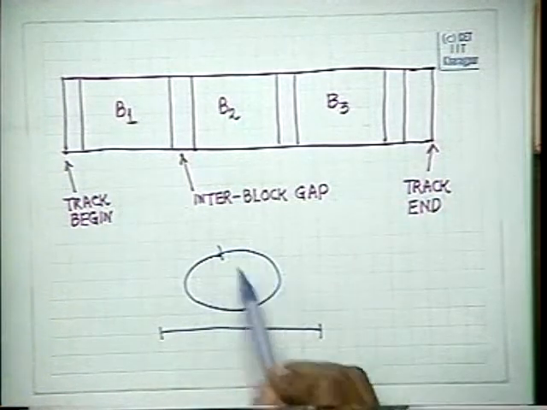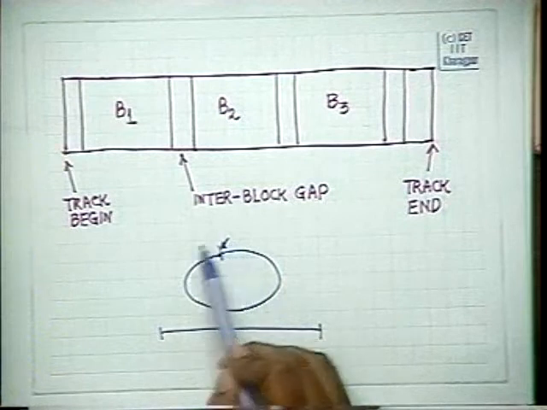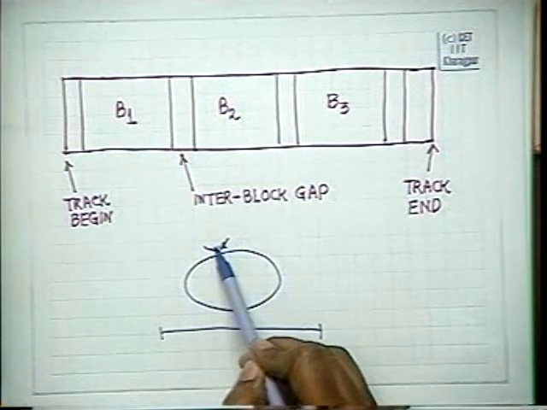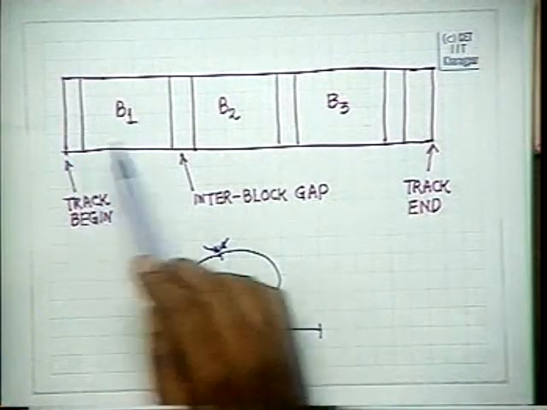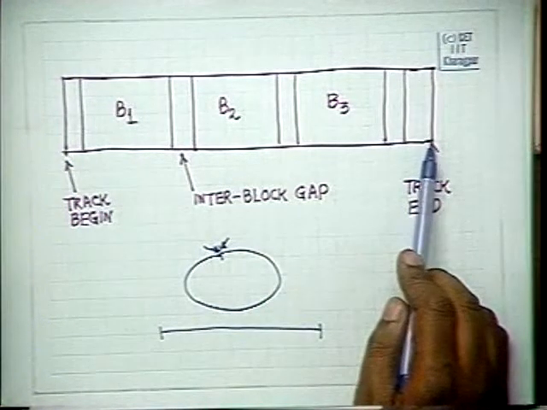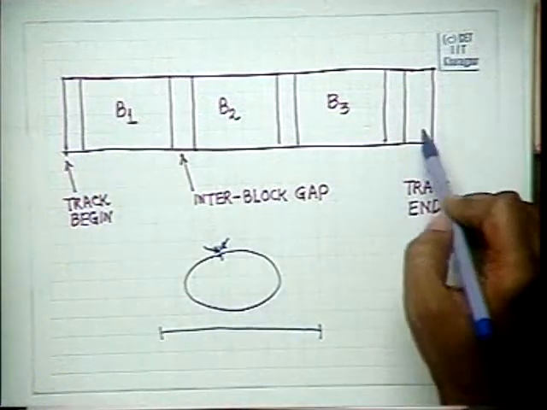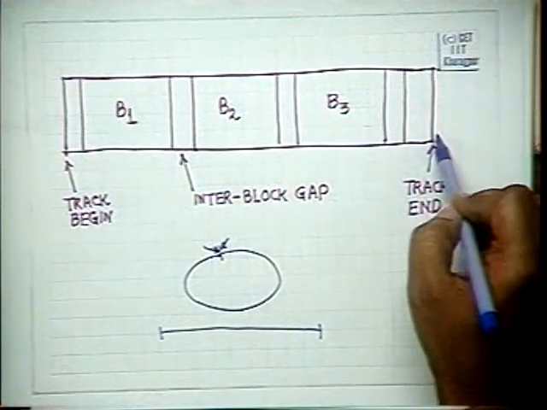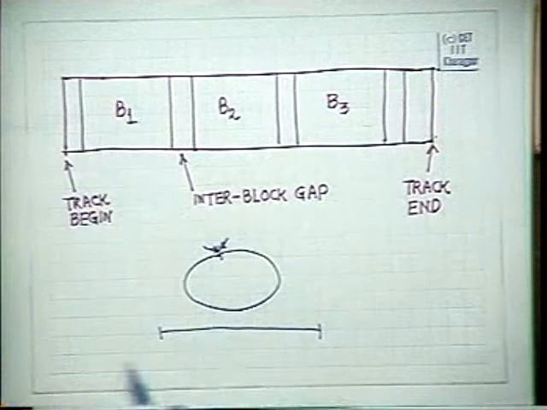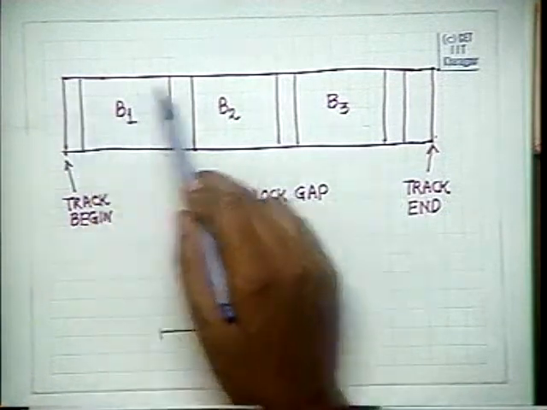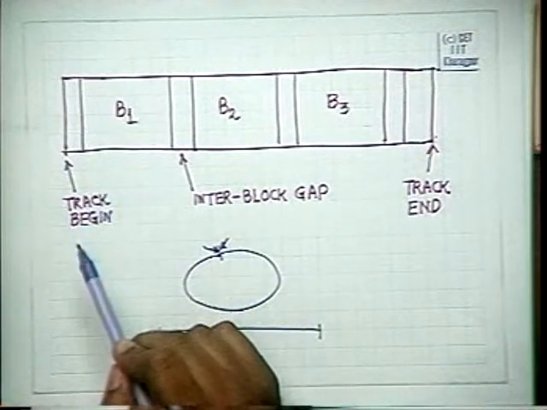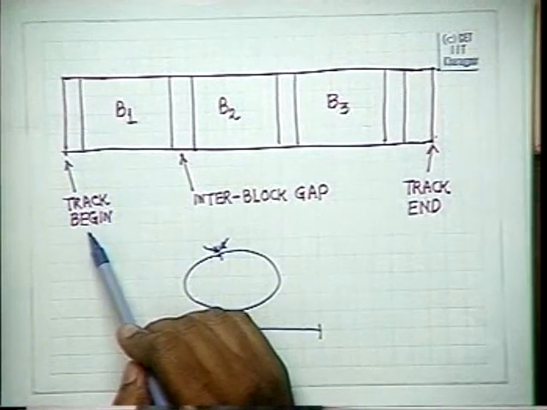So at some point there will be a track beginning and a track end. If you join these two, there is little difference between this point and this point. This marks the track beginning and this marks the track end, and there may be a little bit of overlap, after which you can join these two. And this is one track, and this track is identified by the track number on the disk.